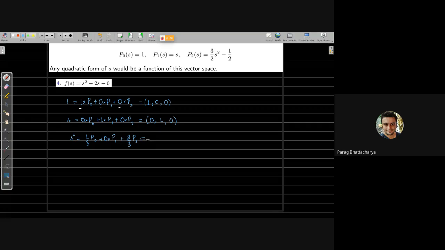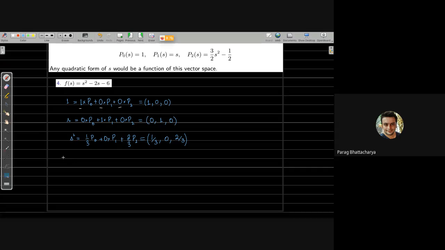Yeah, who is Sir, me? Korabi. I can't see. Korabi. Okay, good job. So this is going to be equal to 1 by 3, comma, 0, comma, 2 by 3. Understood? So this is S square. S square can be written as this set of coordinates. S can be written as this set of coordinates, and 1 can be written as this set of coordinates.